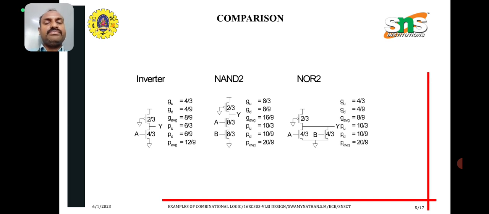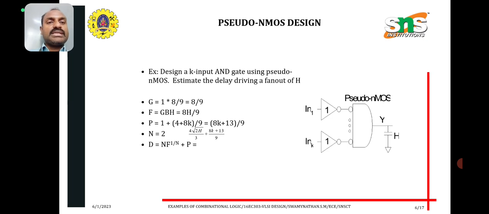In the comparison between the inverter, NAND and NOR gate, the gain of the upper transistor is 4 by 3, the down transistor 4 by 9, and the average is 8 by 9. Same for pull up network power, pull down network power and average power, everything is given for inverter, NAND gate, and NOR gate. So this is the comparison.